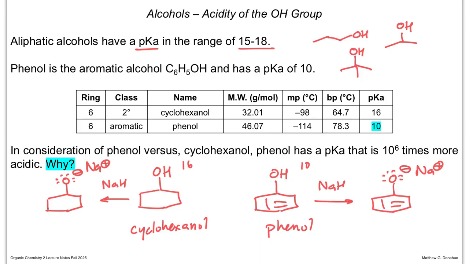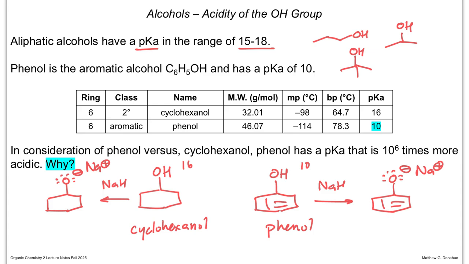We can still see that sodium is sodium, O minus is O minus. So how is the rest of this structure affecting that acidity? So phenol is much more acidic. So this product has to be more stable.